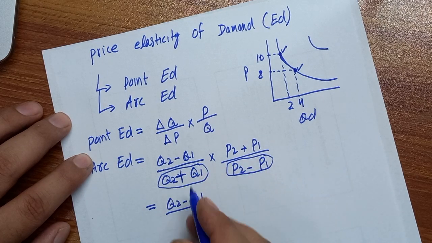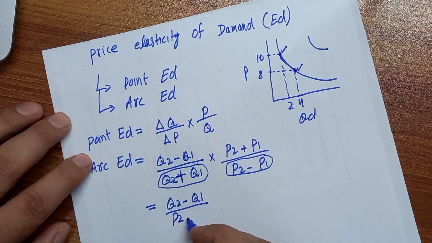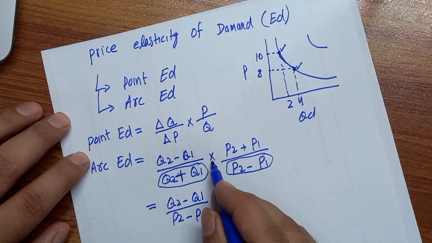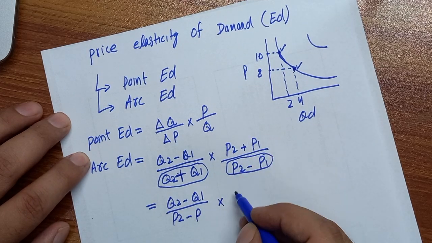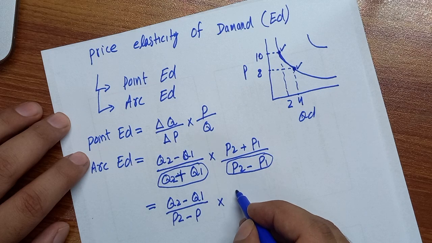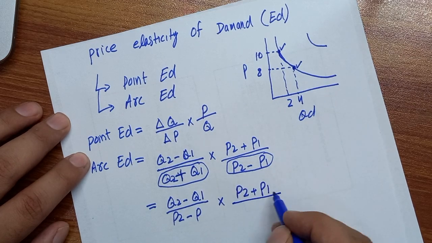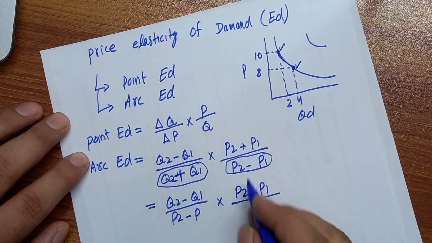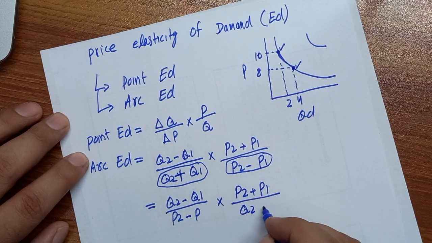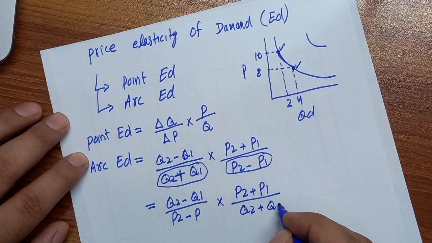So I will write here P2 minus P1, we have multiplication, the above value we will write same as it is, P2 plus P1, divided by this term we will shift to here, Q2 plus Q1.